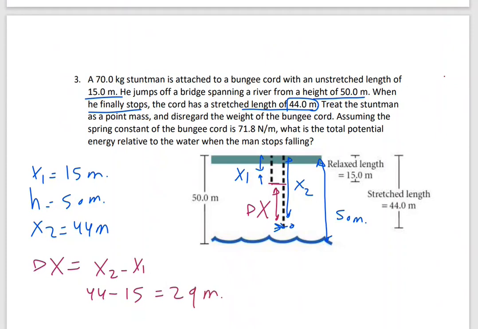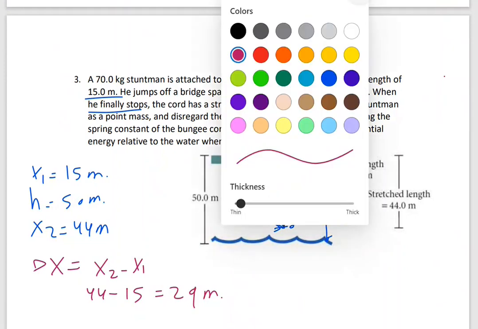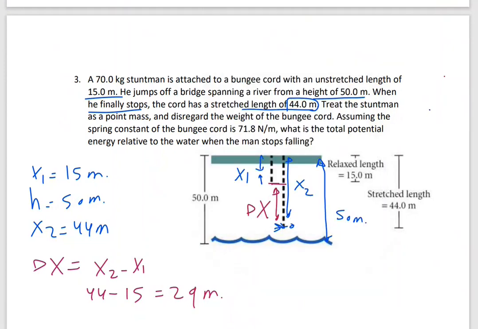Now the question is, assume that the spring constant of the bungee cord is 71.8 Newton per meter.